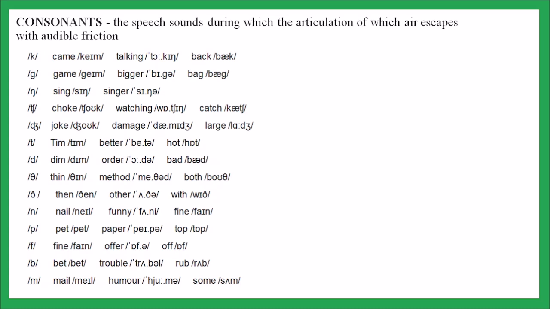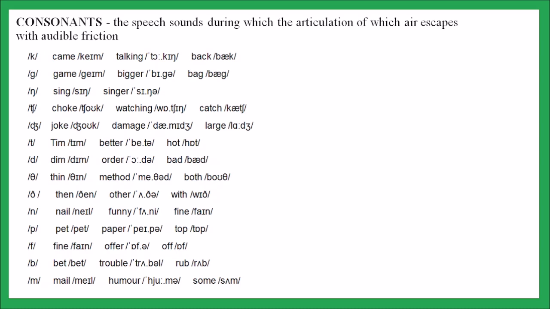And comes n, as in nail, funny, fine. So just like the letter t, n also has a dark form which gives the n sound, fun. So the letter t and n both have a dark version as well. So does the sound l.